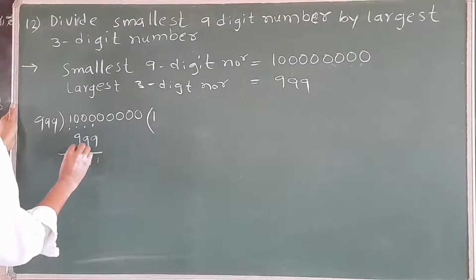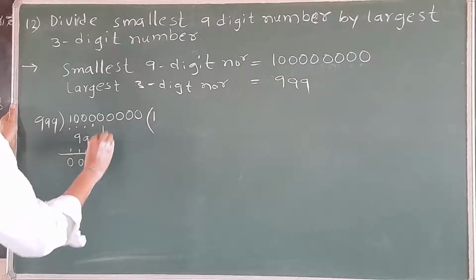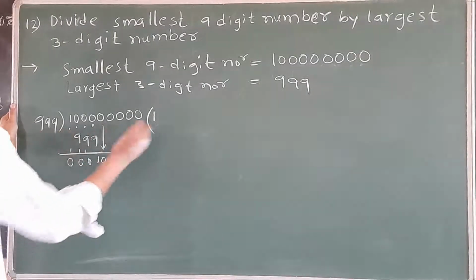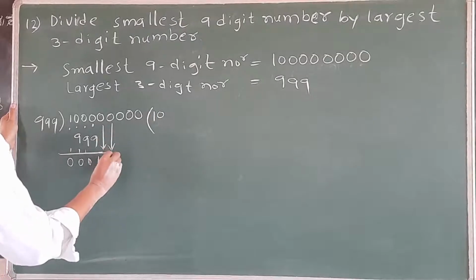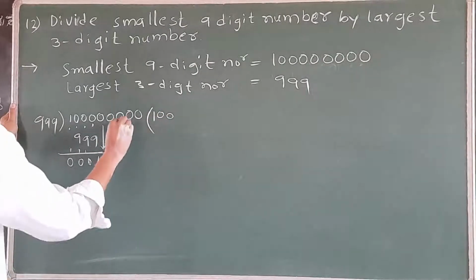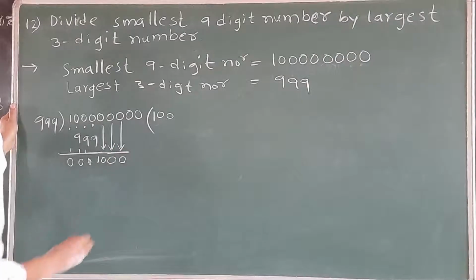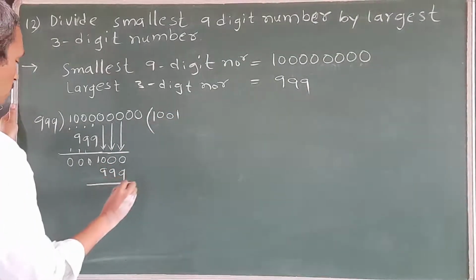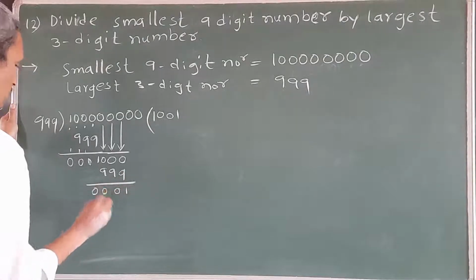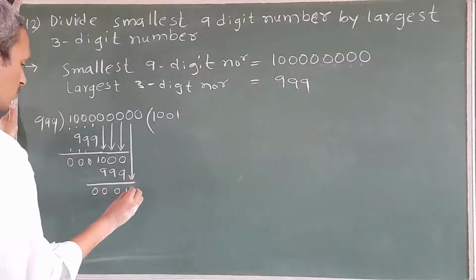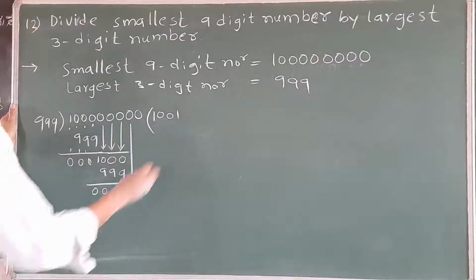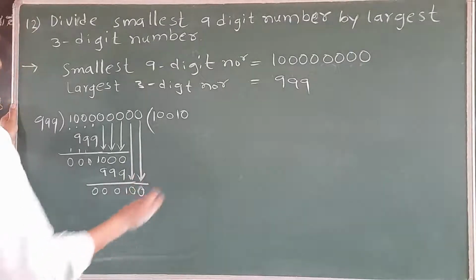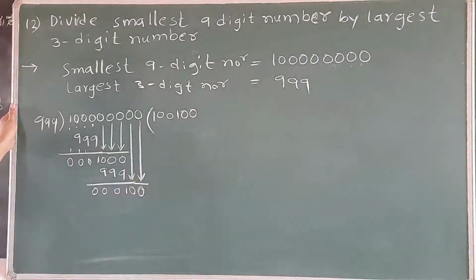Take next digit down, it becomes 10, which is not there, write 0. Take next one down, it becomes 100, which is also not there. Take next one down, it becomes 1000, and now 1 999. Once again we will get 1, and take next digit down, it becomes 10, which is not there, write 0. Take next one down, 100 is also not there, write 0.